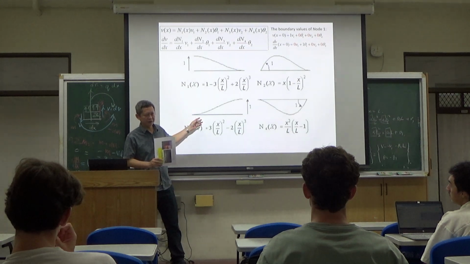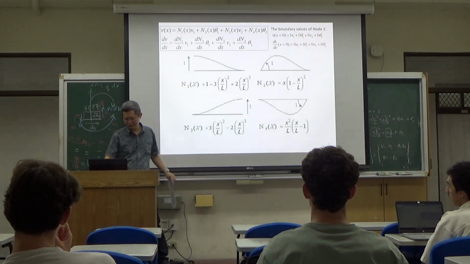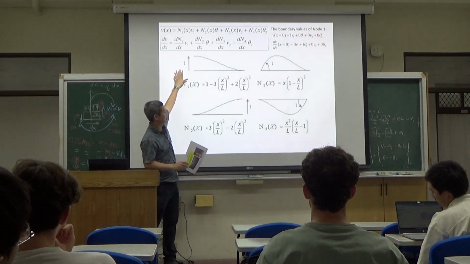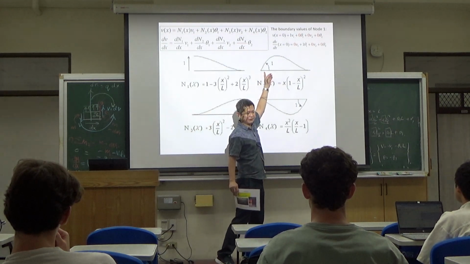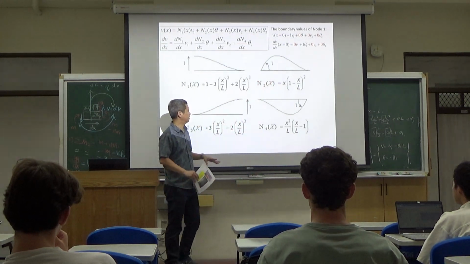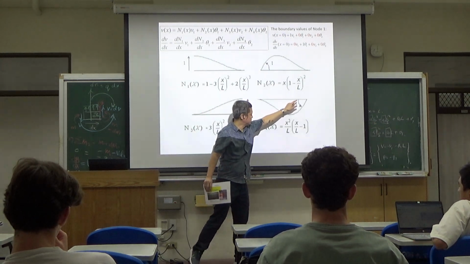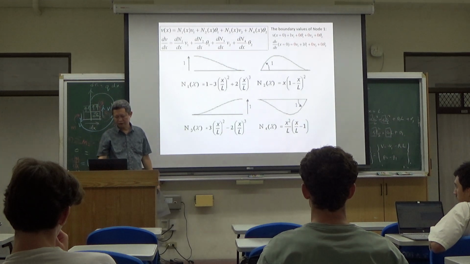But once you have the mesh refined, that should fulfill the boundary. So these are the shape functions for vertical displacement. This is the shape function on the angle on the left hand side. This is the shape function on the vertical displacement at the right end. And this is the shape function for the angle on the right end.